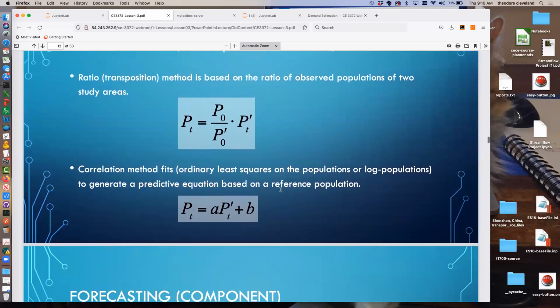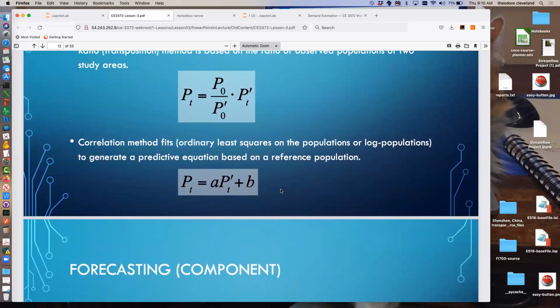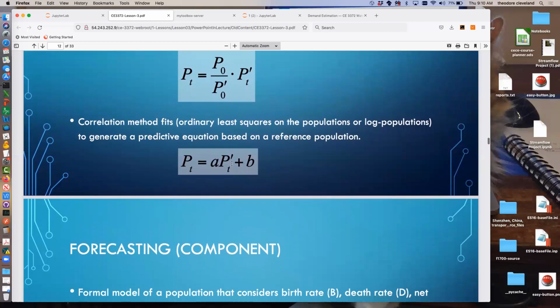You can also do correlation. And I know that Abby knows how to do correlation. And essentially you're formulating a prediction model of the future based on current conditions. In this case, slope plus some intercept.